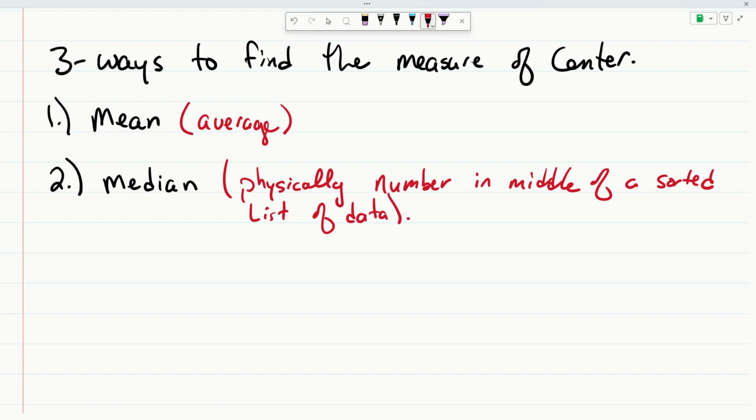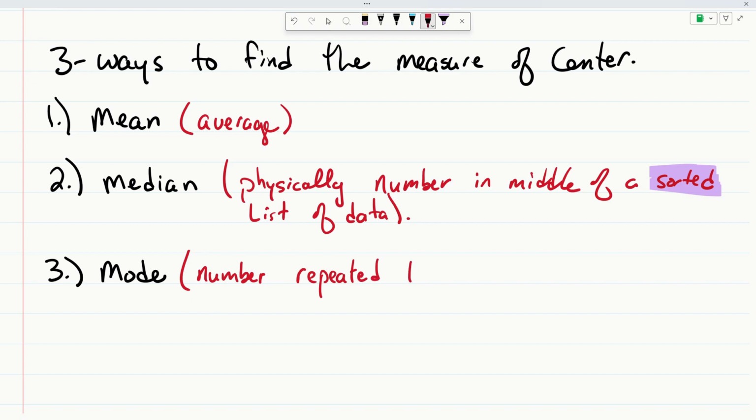The most important thing about the median is you have to sort the data. That's really important. And then the third way is going to be the mode, and this is the number repeated the most.